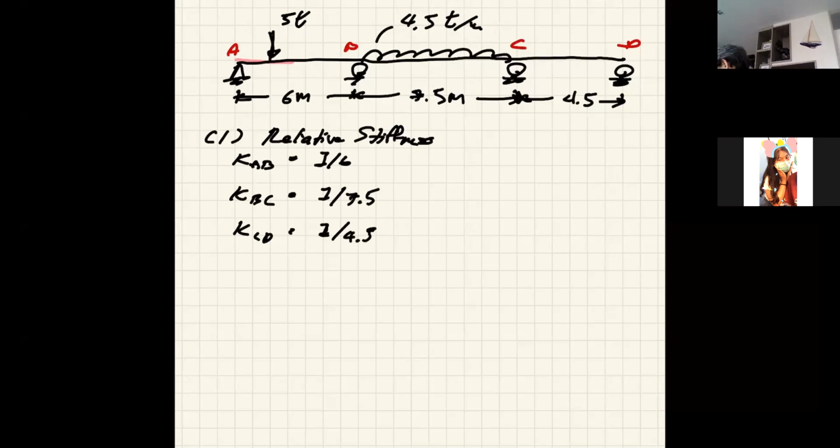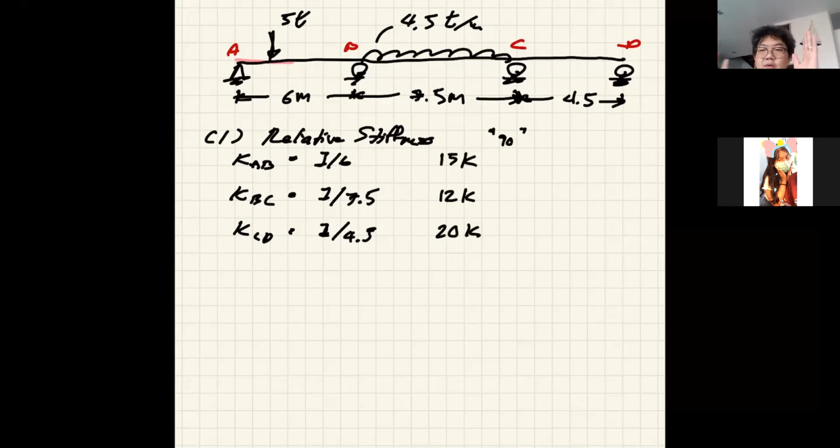So I'm going to use the least common number of 90. So this becomes 15K. This becomes 12K. And this becomes 20K.